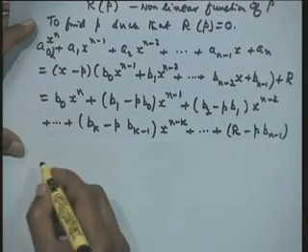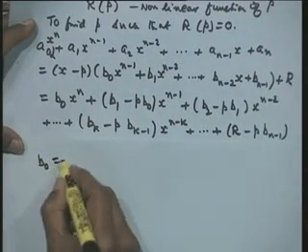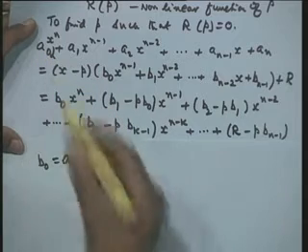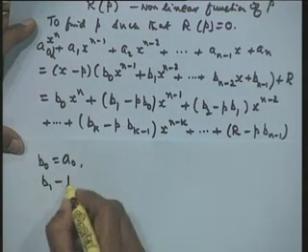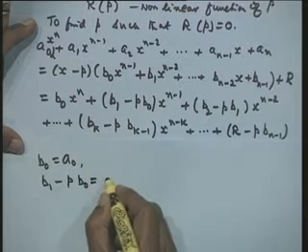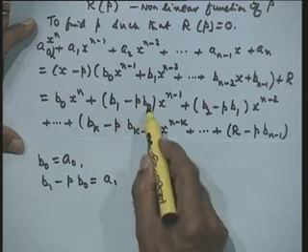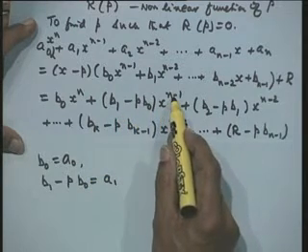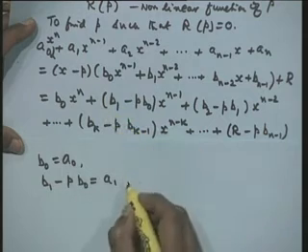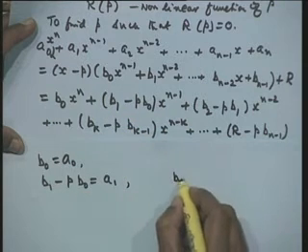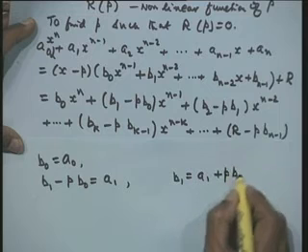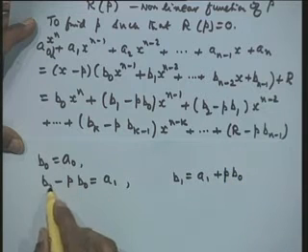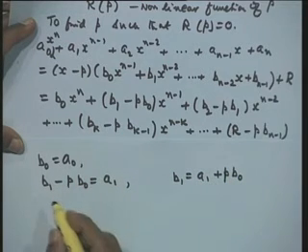Therefore, I get b_0 is equal to a_0. Then I get b_1 minus p b_0 is equal to a_1, the coefficient of x^(n-1). Therefore, I get b_1 is equal to a_1 plus p b_0. So I solve for b_1 from here.